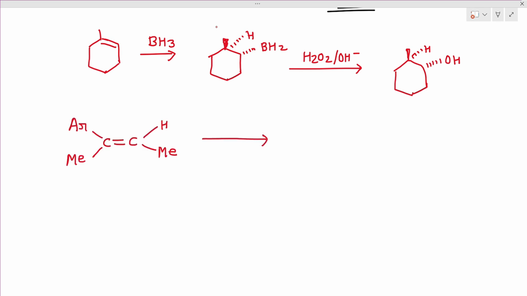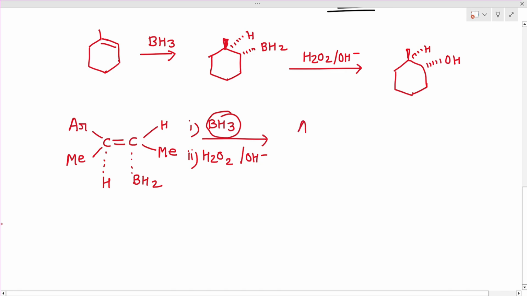Suppose firstly we are treating it with BH3, and secondly we are treating it with H2O2 in presence of OH minus. Okay, so what will happen? See here. Firstly we are treating it with BH3, so BH2 will move on this side and hydrogen will come here.